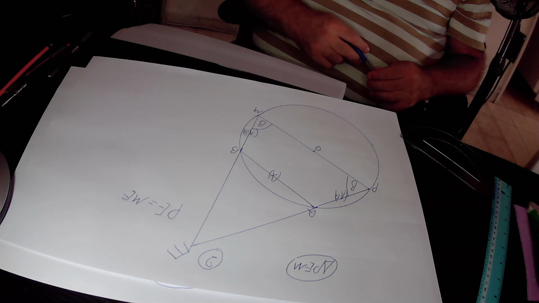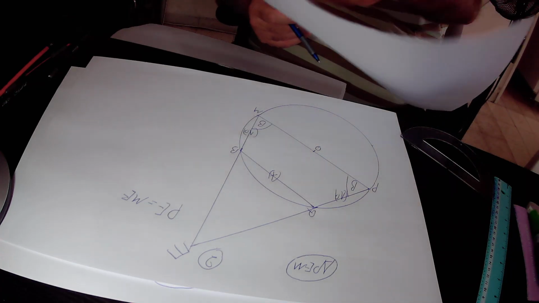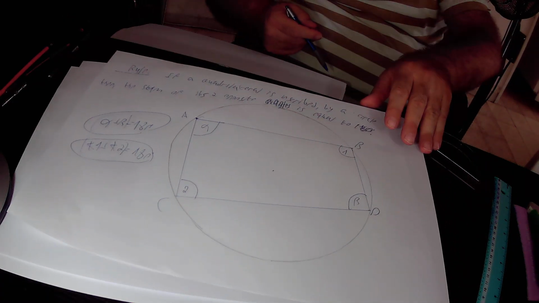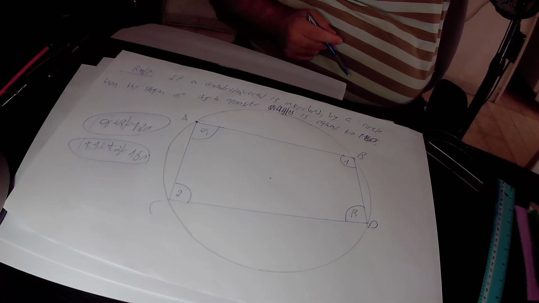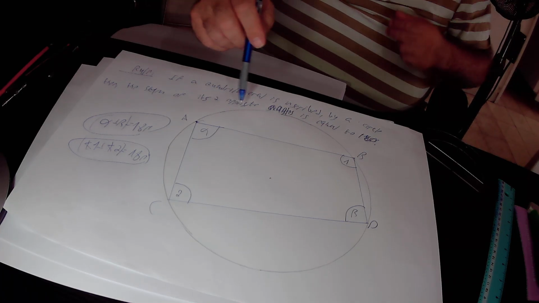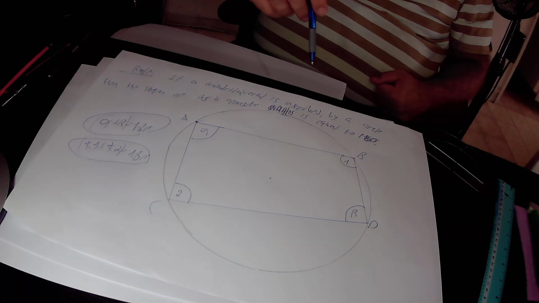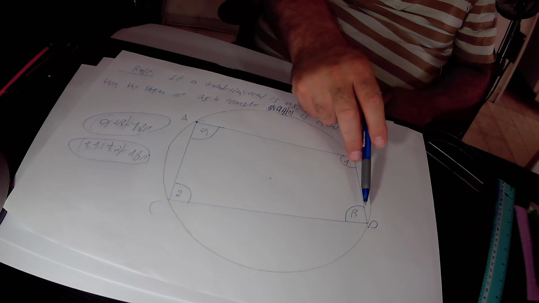And we have the rule. So I'll write the new rule. If a quadrilateral is described by a circle, then the sum of its two opposite angles is equal to 180 degrees. So this is quadrilateral ABCD that is described by this circle. Quadrilateral ABCD has four angles: alpha 1, beta, and 2.